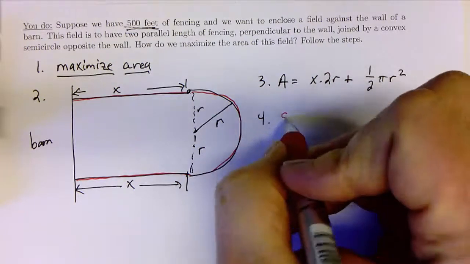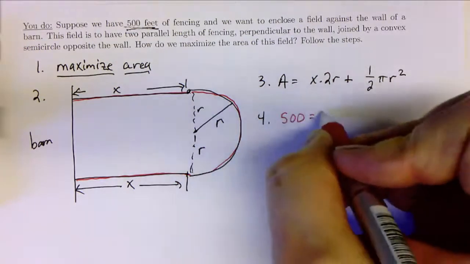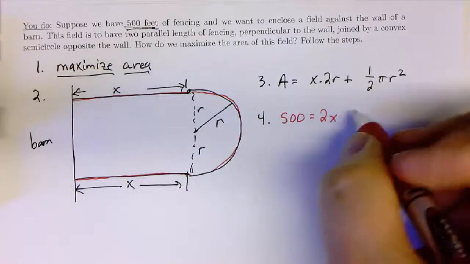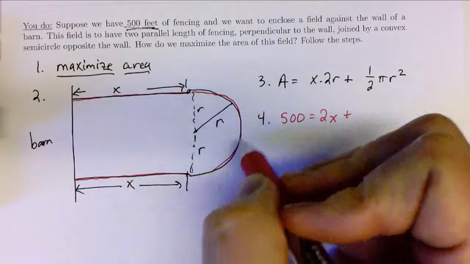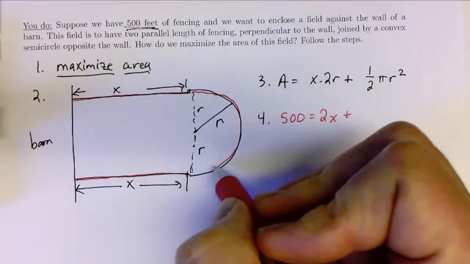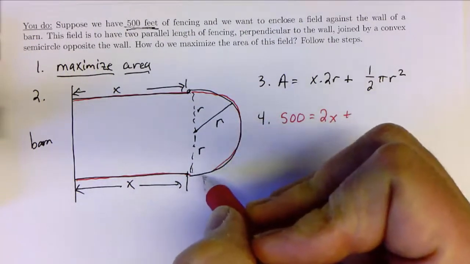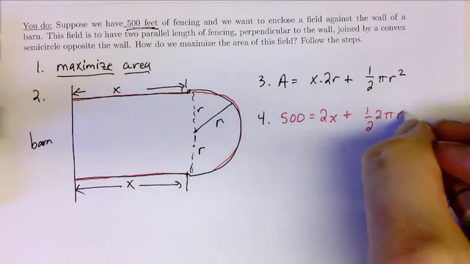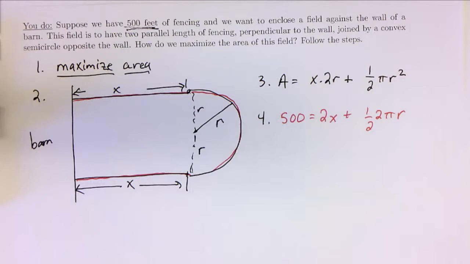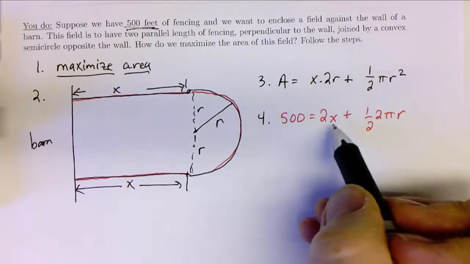Right, so 500 better equal 2x plus this half circumference. The circumference of a circle is 2 pi r, and we need half of that, so 1/2 of 2 pi r. So I can use this relationship now. It tells me x and r are connected.